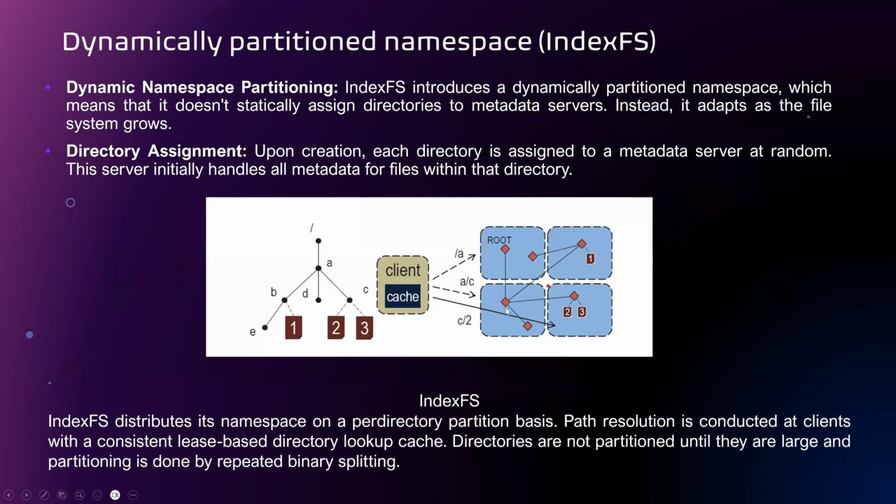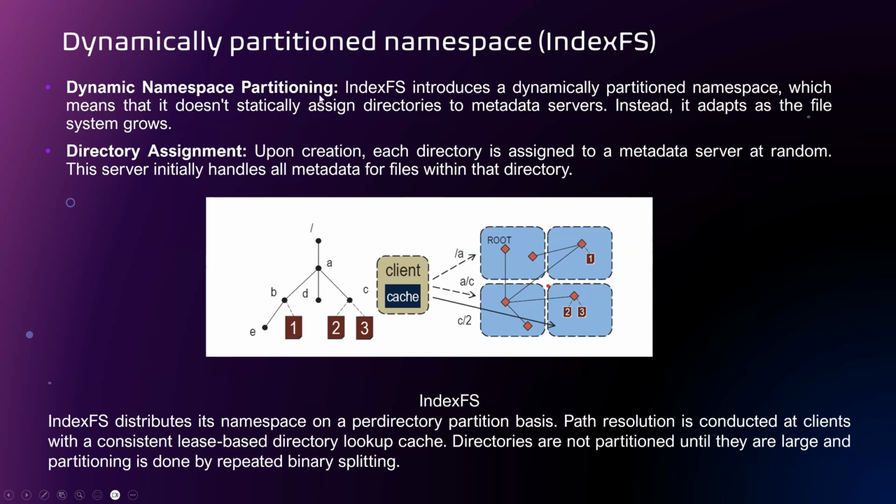Here in IndexFS, the directories are dynamically partitioned. That means the first directory will be on one server, and the second directory will be on a different server, or node, or partitioned mount point.